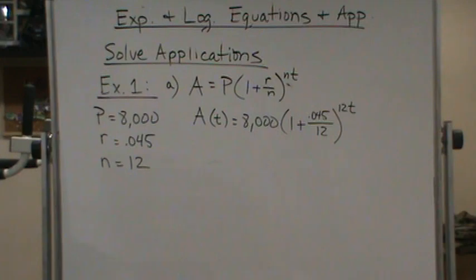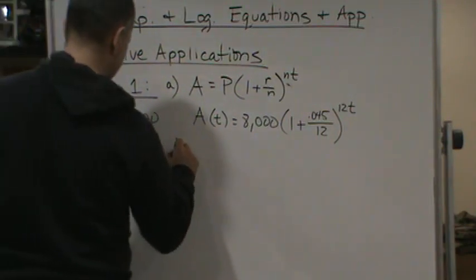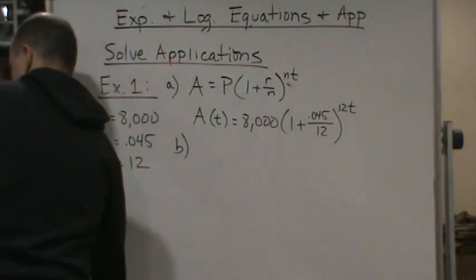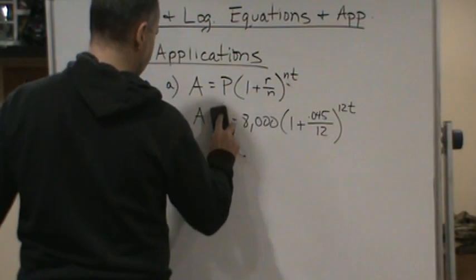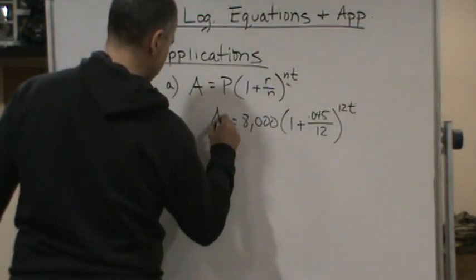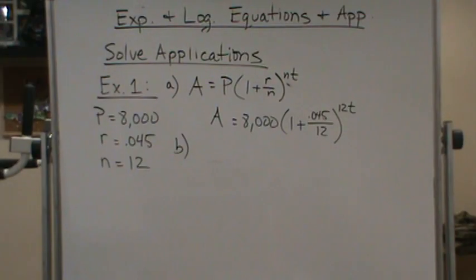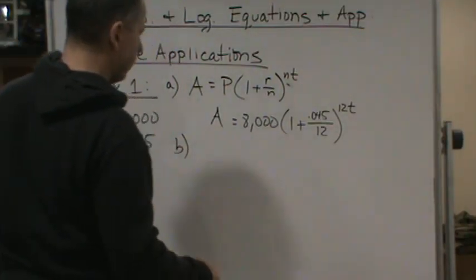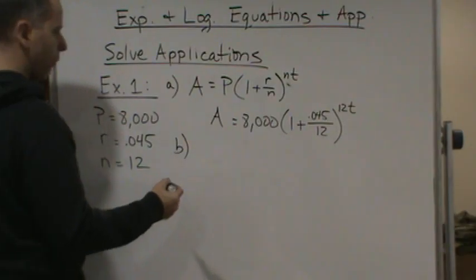Now they want us to use this equation in part B and say, how long would it take for the money to double? And they want us to round to the nearest decimal place. So what does it mean to double?